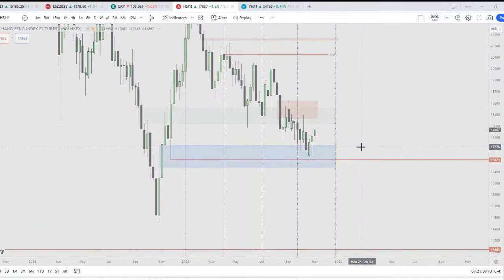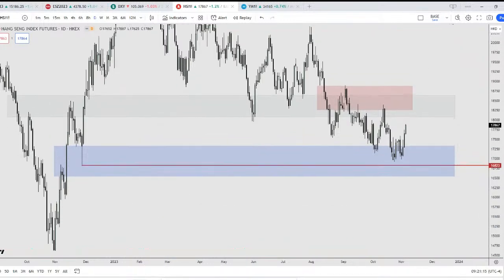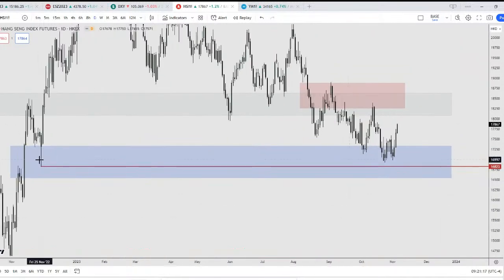So let's take a look on the daily chart to see if there's any confluence. Right. So yes, we do have these equal highs here. It may want to run it back up again because HSI, if you can tell from the market structure, it's a high resistance liquidity run.